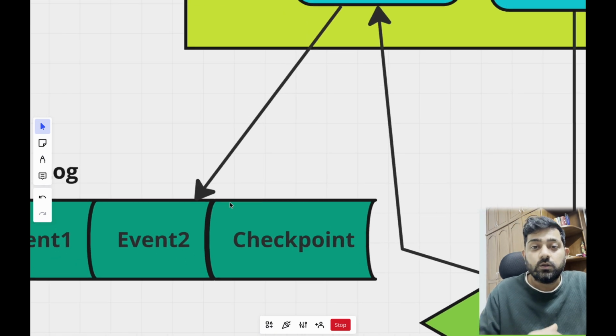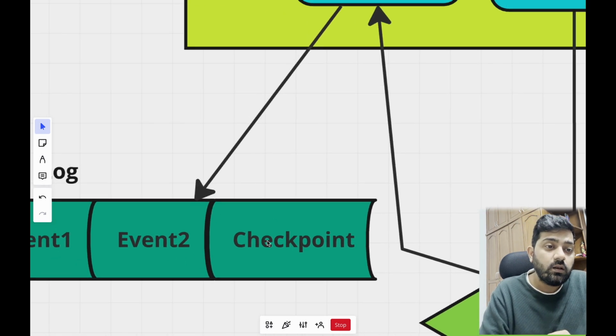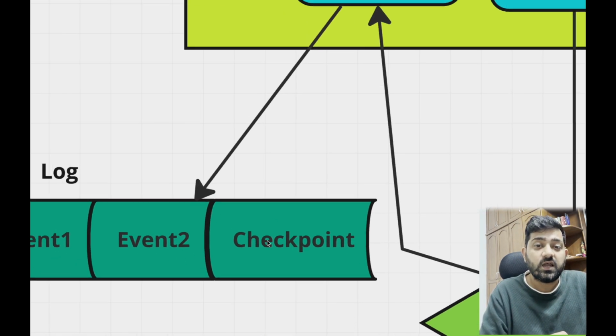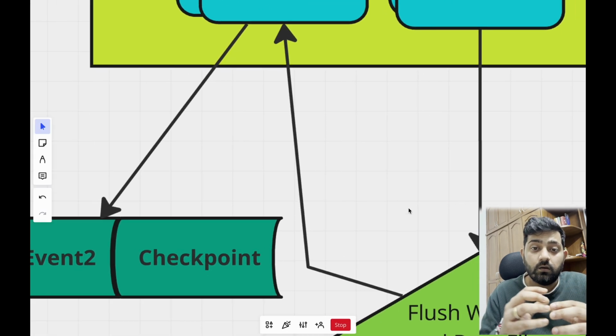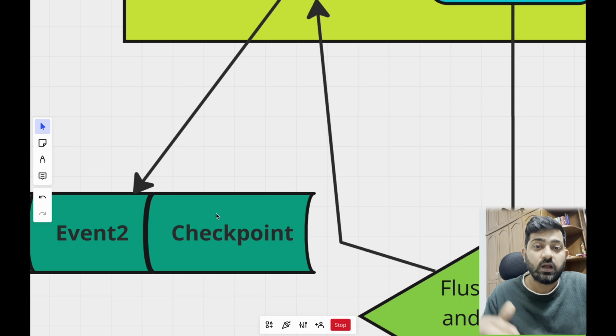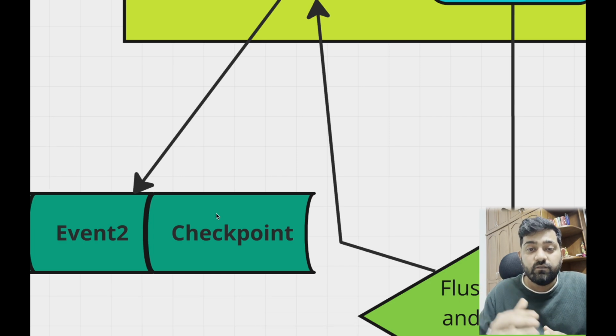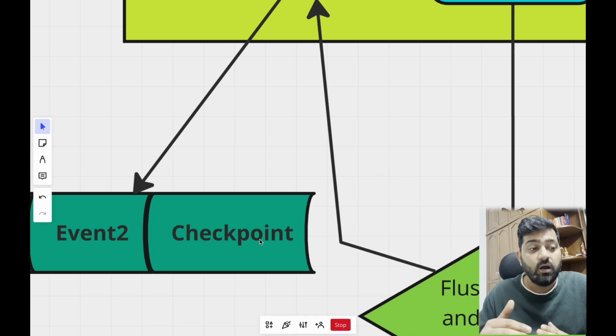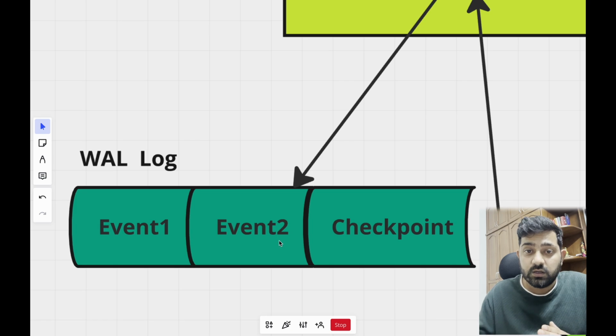So why is it important? Because in case of failure, we can read the WAL log and understand at what point the last checkpointing operation happened, and after that point we can stream the entire WAL log, which is the sequence of events that should have taken place on this database.